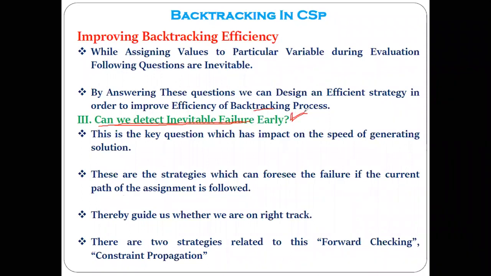The third question is: can we detect inevitable failure early? Means what? An inevitable failure is a failure we don't know about yet, one where we will fail at some point ahead. When you go on solving the problem, at some point in the future we are going to fail at a certain point.